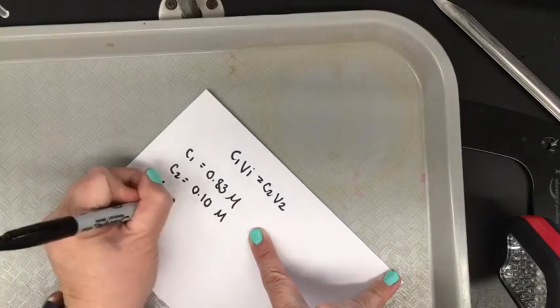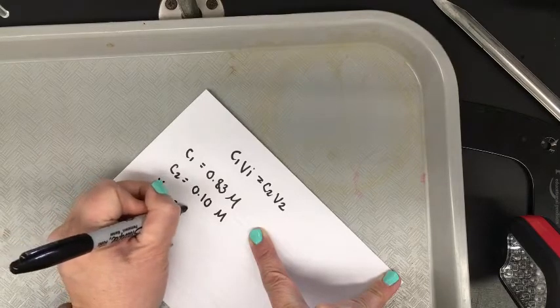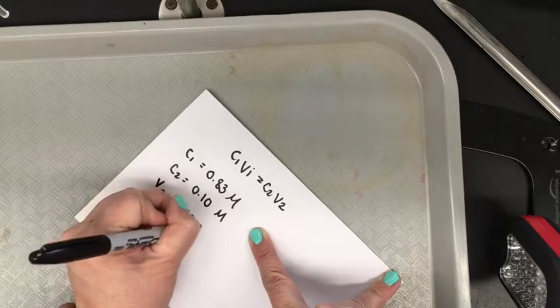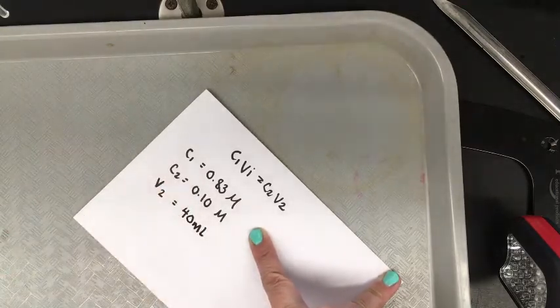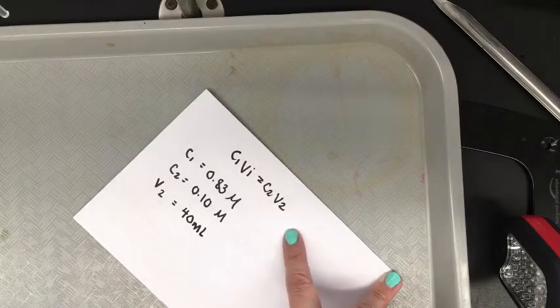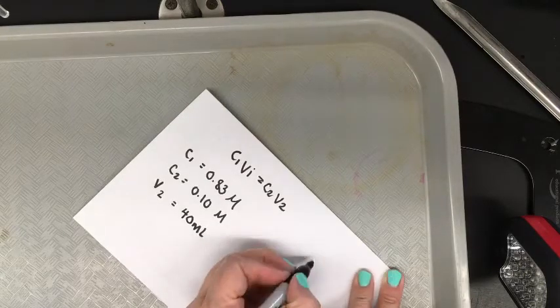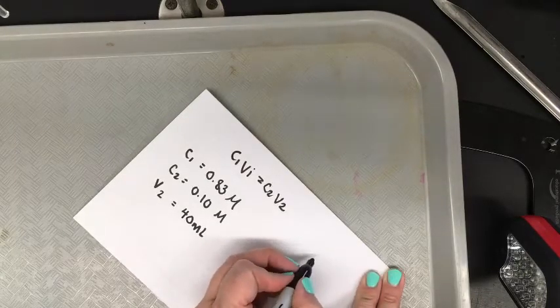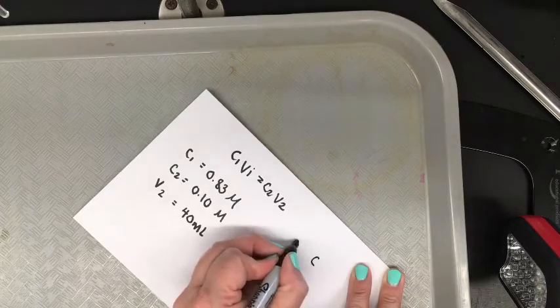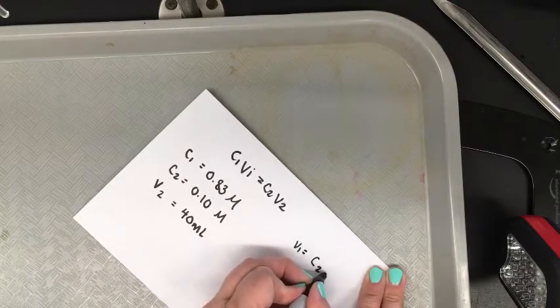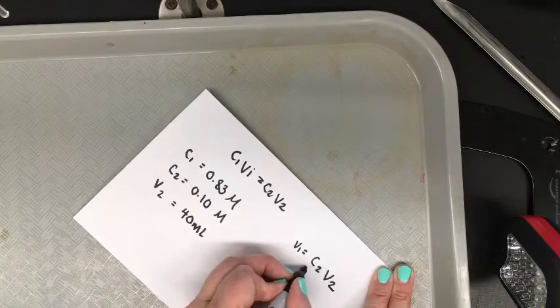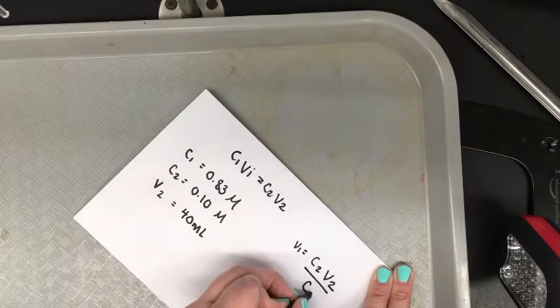So V2 is equal to 40 milliliters. We need to know how much volume we initially need of the 0.83 molar to dilute to 40 milliliters. So we're going to rearrange. We want to know what V1 is. So it's going to be C2 times V2 over C1.